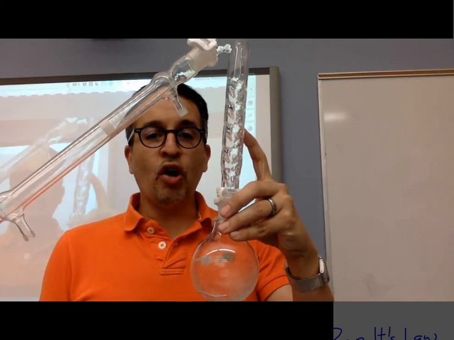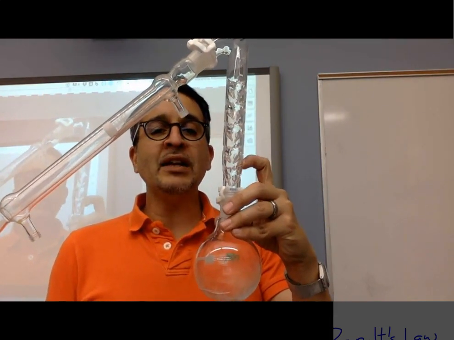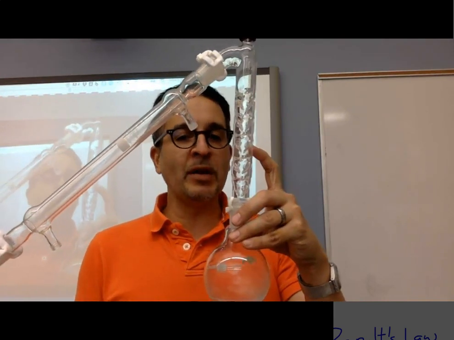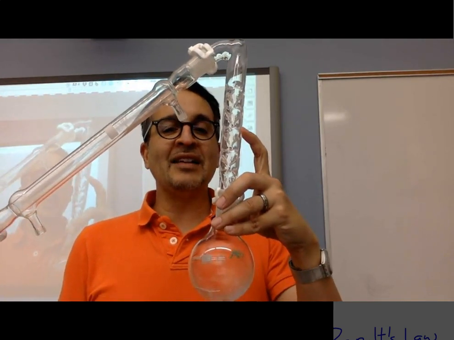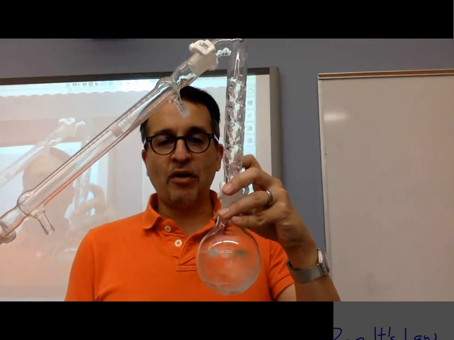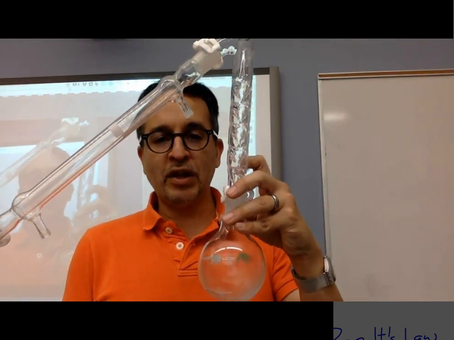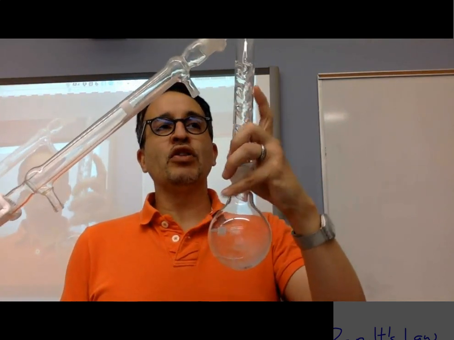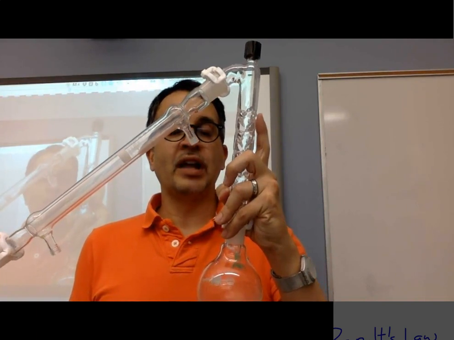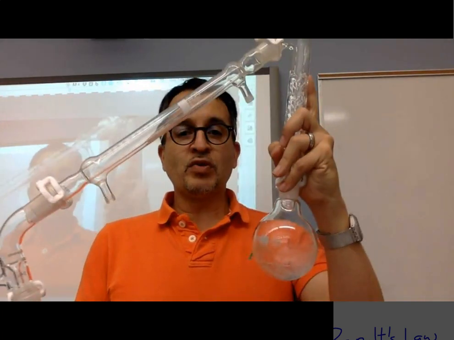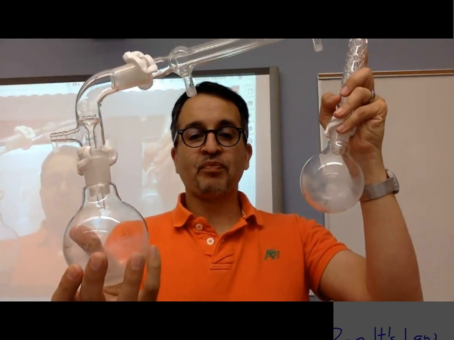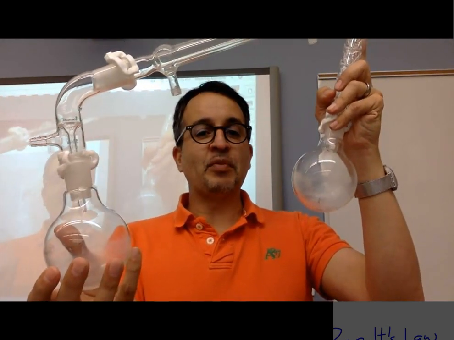Because the temperature is lower up the column, only the lower boiling point substance will stay in the gas phase. But what's going to happen is it's going to recondense, and it's going to evaporate and recondense and evaporate again and recondense and evaporate. And slowly you are going to get only the lower boiling point in the upper part of the column, which will then be condensed and collected in a separate container.